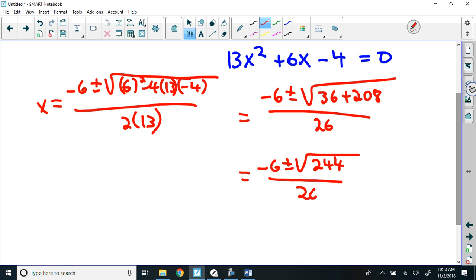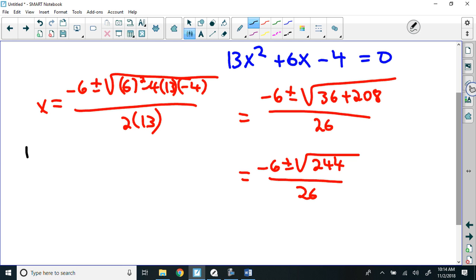It's all over 26. Now I know somebody wants to cancel the 6 and the 26. You can, but not yet. You can't do that unless you have a multiple of 2 out here, so we can't cross cancel just yet. But we do need to bust up 244 and see if that breaks down with square roots. It doesn't? Well, I bet it does.